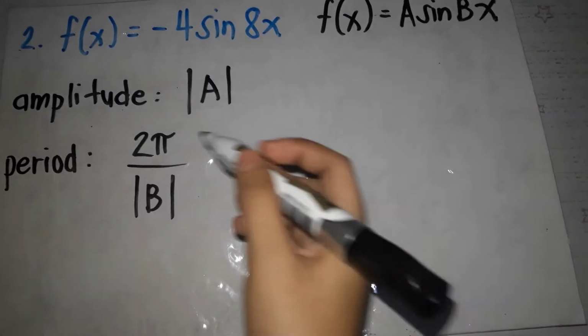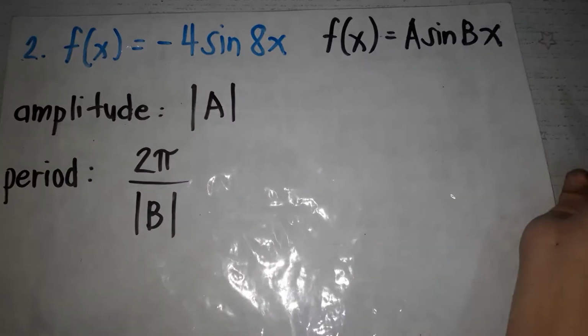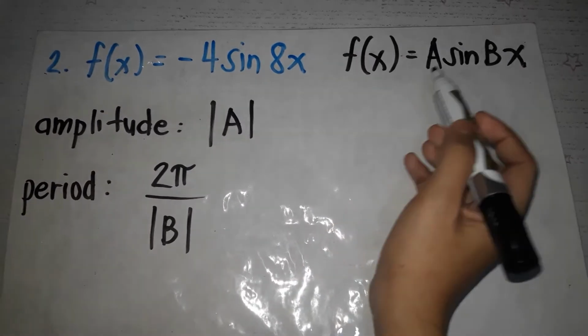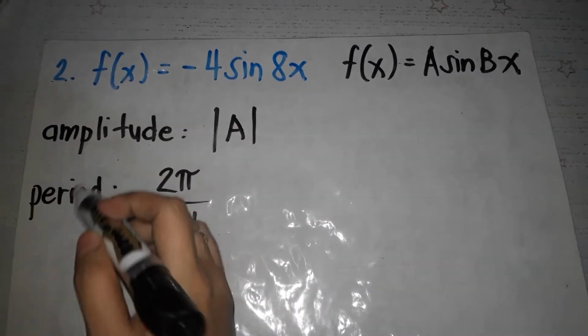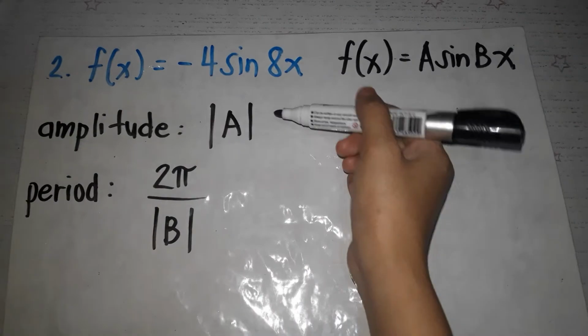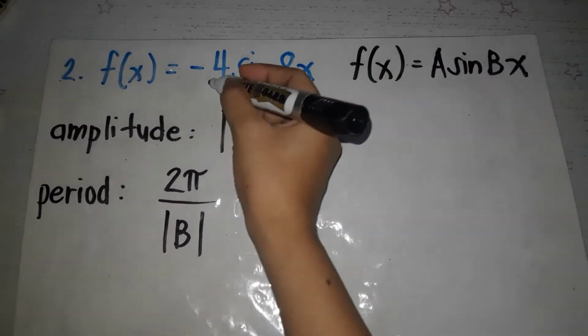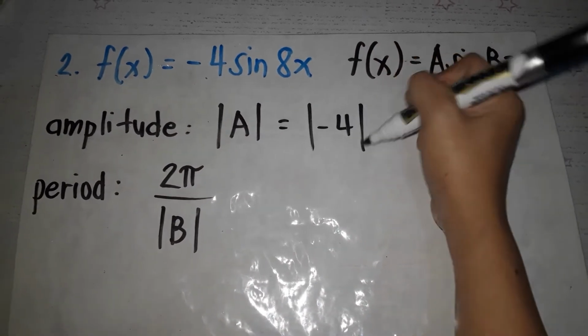Okay, let's have example number 2. F of x equals negative 4 sine 8x. Again, our circular function is in the form f of x equals a sine bx. So we'll find first the amplitude, which is the absolute value of a. Here a is negative 4, so we have the absolute value of negative 4.